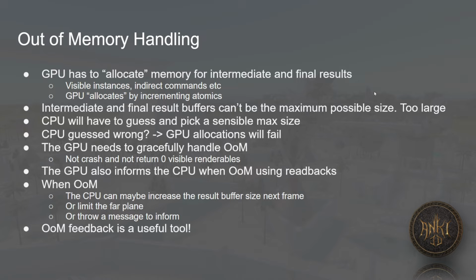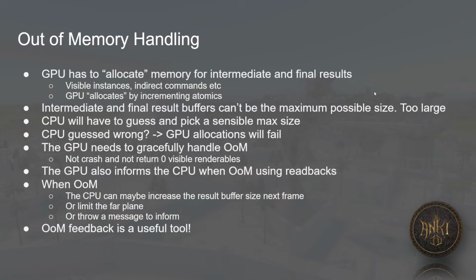Another problem that needs solving is handling out-of-memory conditions. During visibility, the GPU allocates memory for the intermediate and final results. And when we say allocates memory, we mean just incrementing an atomic that points to some results buffer.